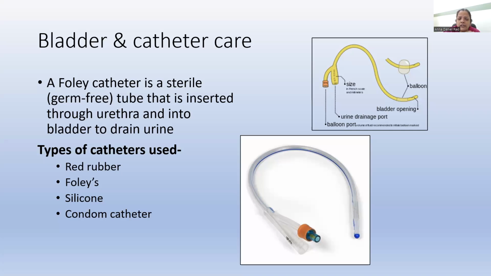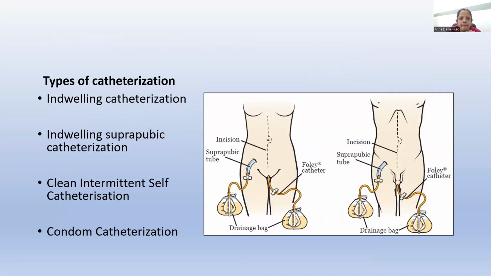If the patient is on catheterization for a longer period of time, then a silicone catheter also can be used so that there is no frequent changing. Condom catheter is also used. All the catheters have their advantages and disadvantages, so depending on the patient's need, we have to use the type of catheter.